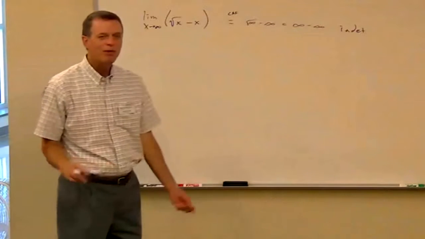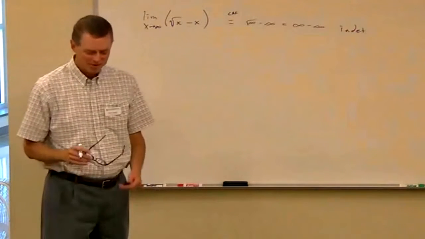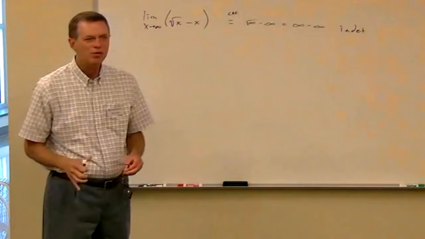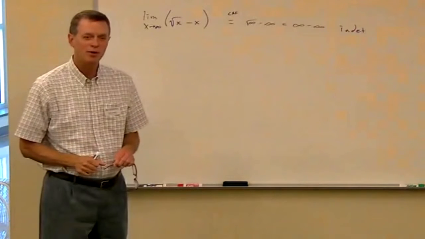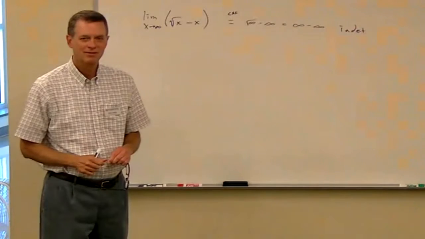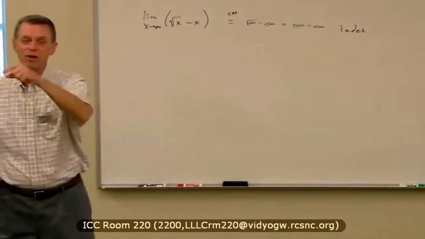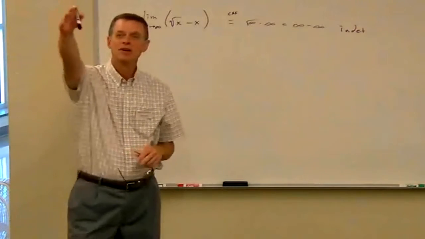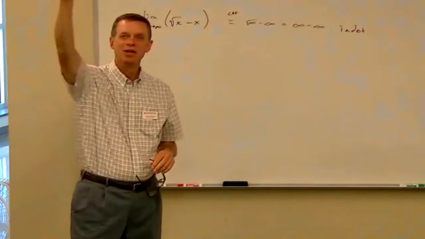So we have to have a different plan. What plan have we often employed so far to deal with limits that come out indeterminate? Cancellation. But before you did cancellation, what did you have to do? Can you plug in a number for infinity?